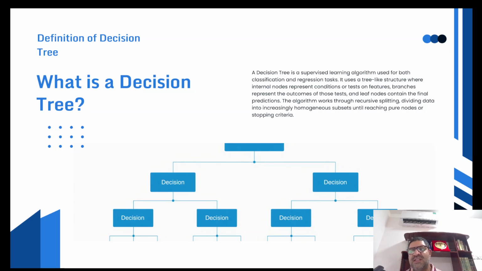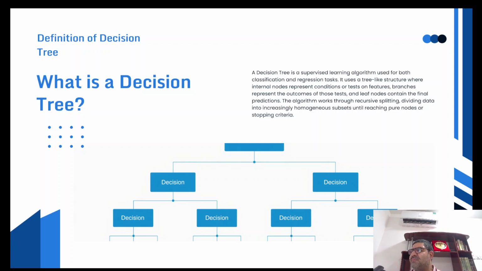So the internal nodes represent the tests that will be applied on the features, and branches represent the outcomes of those tests. It will be much more clear with the diagram shown next as an example.